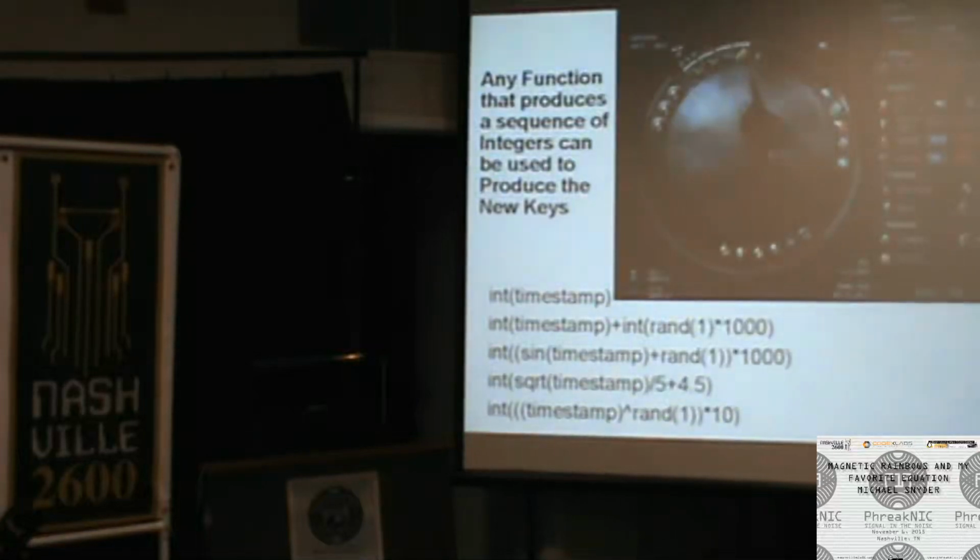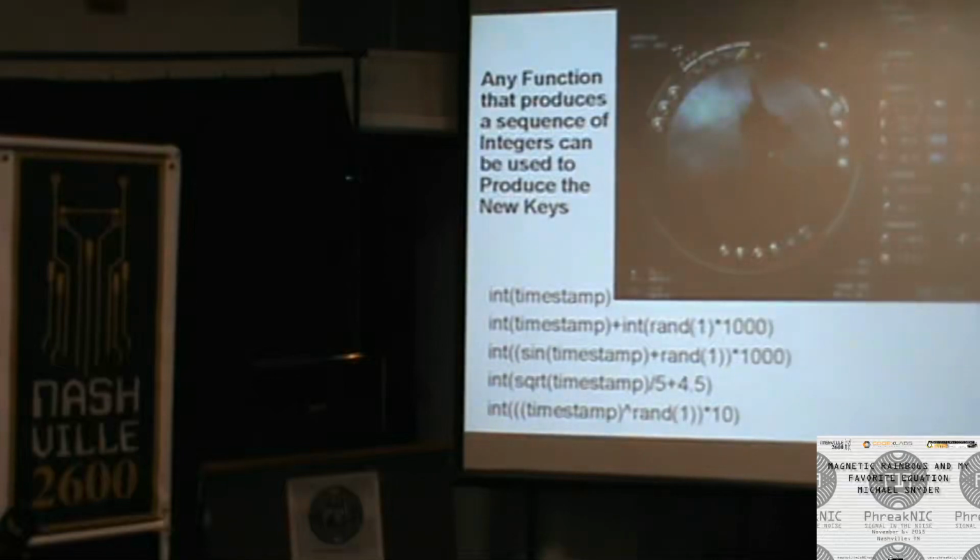What if I take a random number between 0 and 1, multiply it by 1,000, and add it to the timestamp, and just take the integer value of that value? So that's a known number plus a random number, which would be pretty hard to figure out. But there's other choices. For example, let's take the sign of the timestamp and add it to a random number between 0 and 1,000, and take the integer value of that.